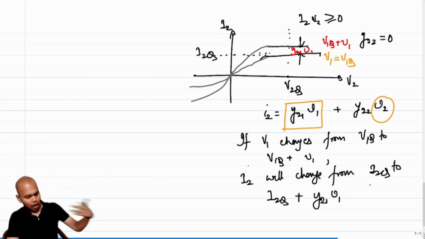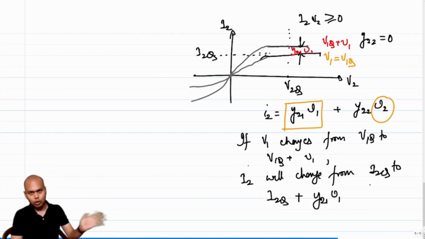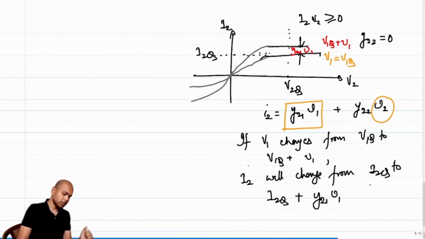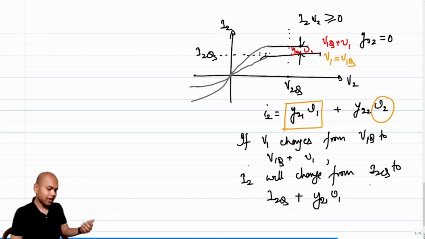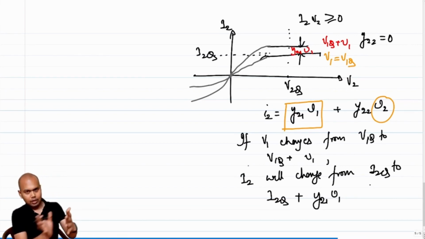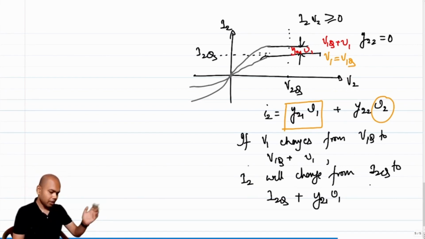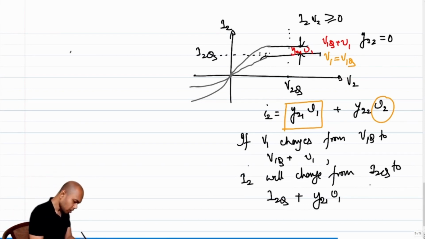Again, how it will go to the third quadrant, we don't know, but all we know is that it will go. Similarly, if I decrease V1 from V1Q to V1Q minus some small delta, this entire curve will shift downwards, and we'll have the same mechanism. Okay, great.